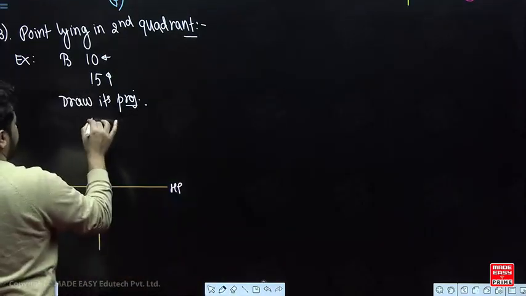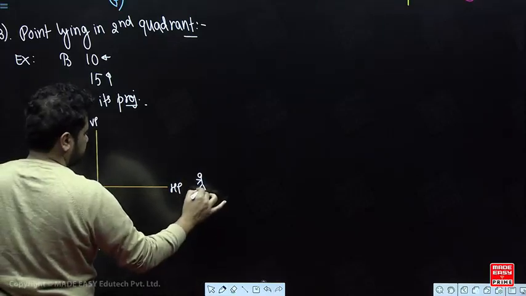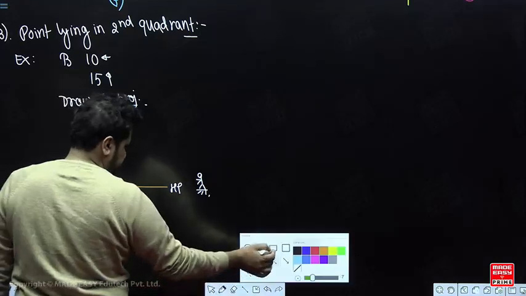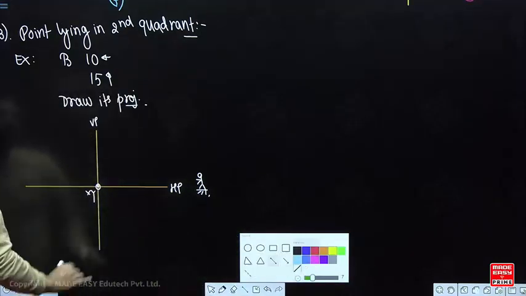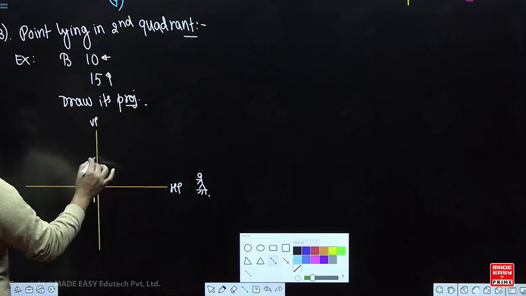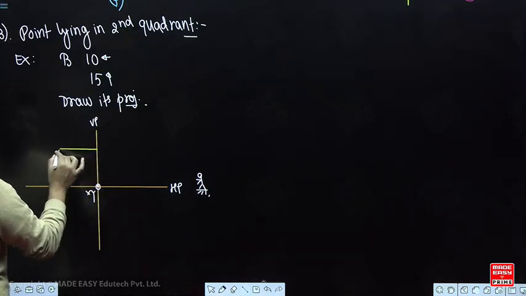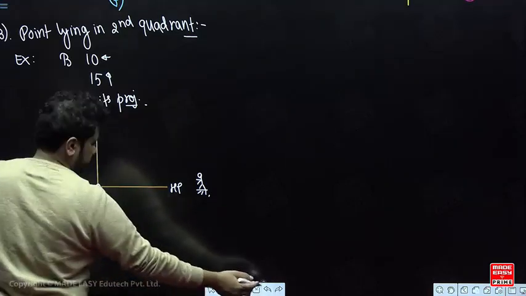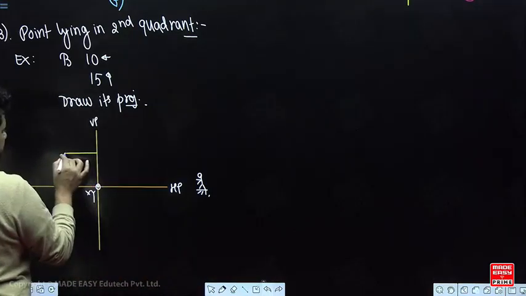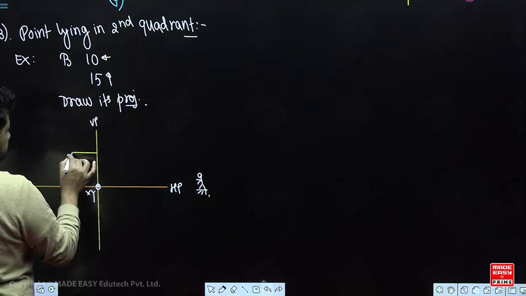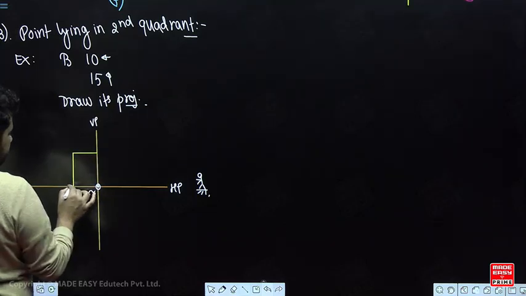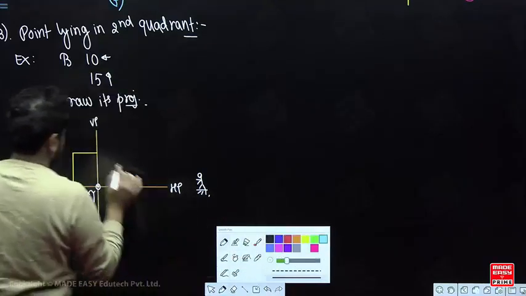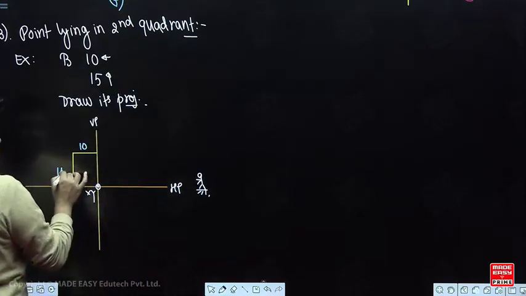HP, VP. Observer, this is your XY. So point is 10 mm behind and 15 mm above. 10 mm behind, 15 mm above.